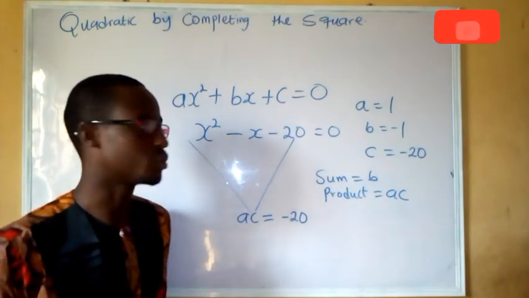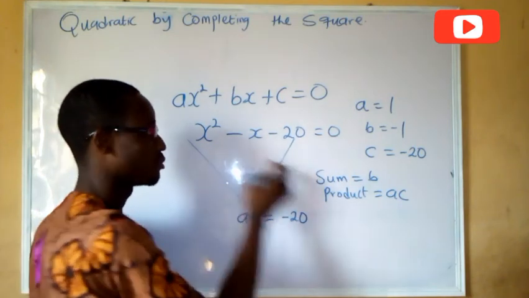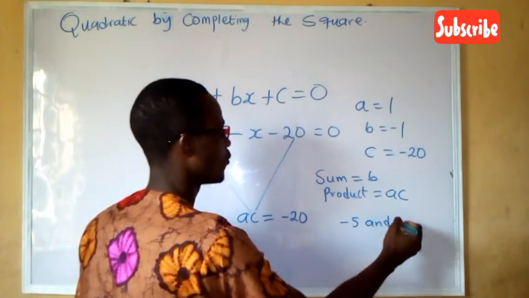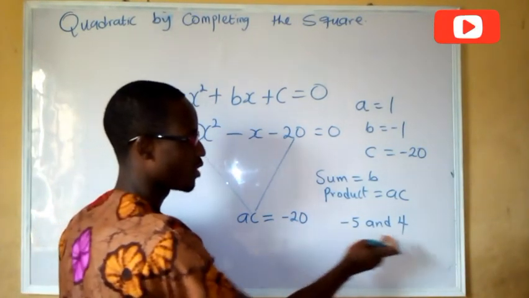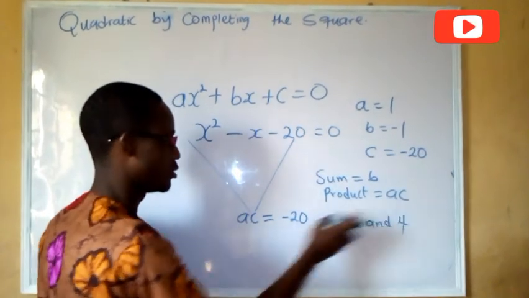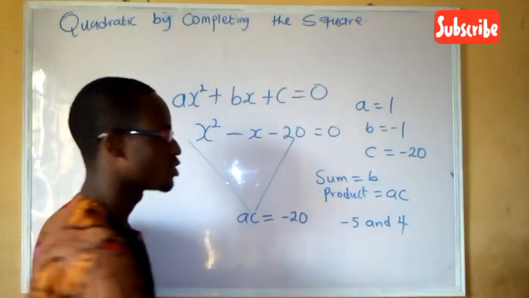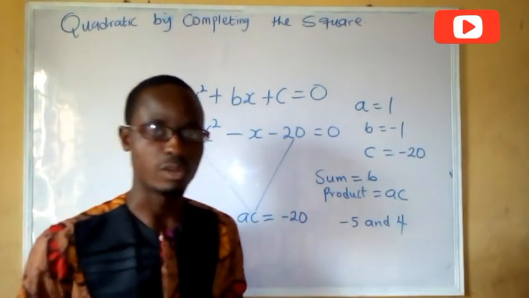The two numbers for this particular equation are minus 5 and 4. The product of minus 5 and 4 gives us ac, which is minus 20, while their sum gives us minus 1, which is equal to b. So then we are good to go.